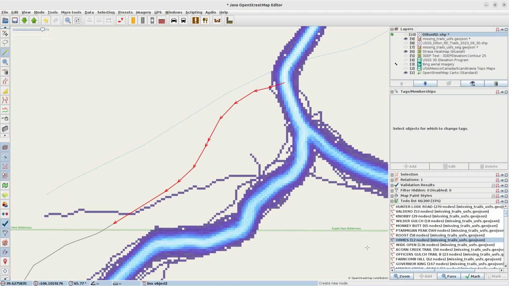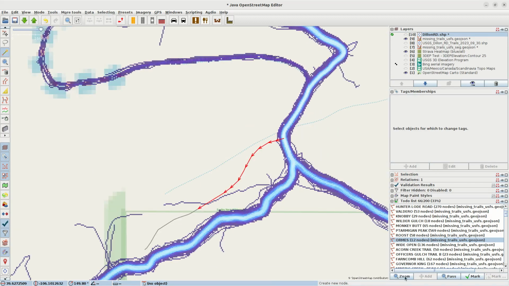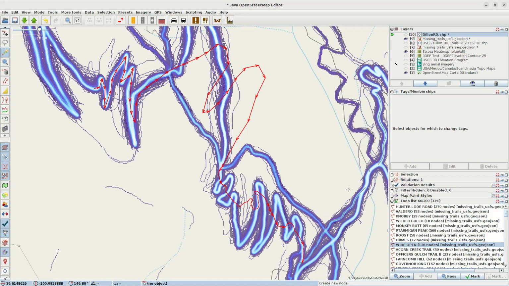The Ormes, O-R-M-E-S Trail, Ormes. That's a 262 feet discrepancy there. This is the Wide Open Trail. Again, very different alignment from reality.